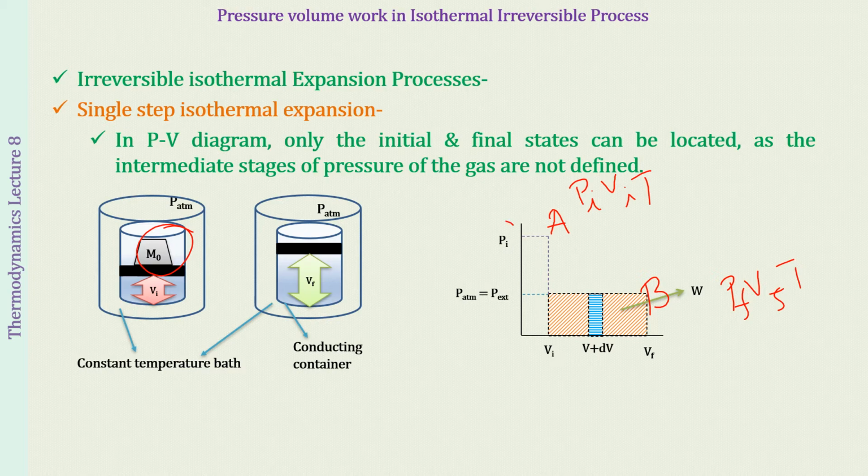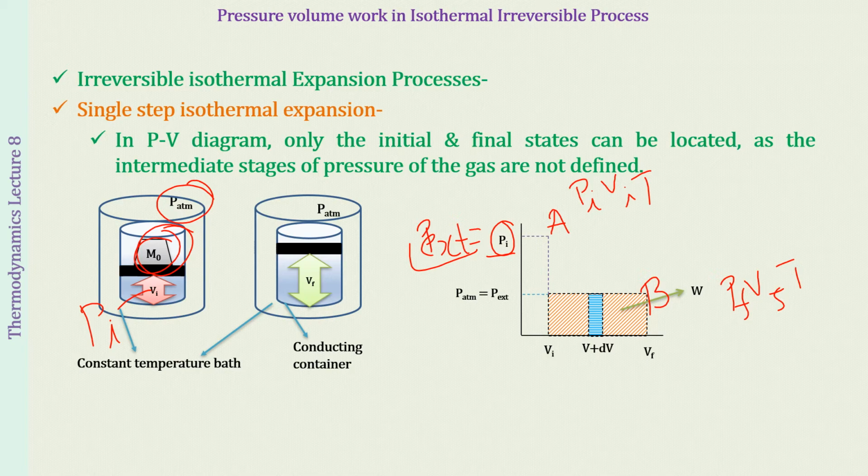So this was the initial pressure that we had. So the external pressure was equal to the internal pressure, which we denote by Pi. So this is Pi, the pressure of the gas, and this is equal to the external pressure, which will be equal to the P atmosphere plus the pressure because of this weight that we have put on the piston, right?